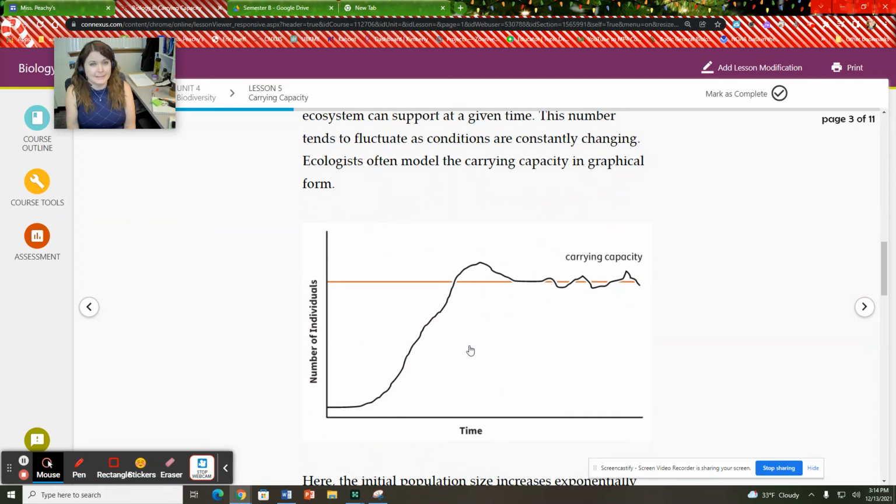Now, carrying capacity of an ecosystem can change as well. It's not a fixed number. It depends upon what's available in the ecosystem. Things such as food and water and shelter and climate have an impact on carrying capacity. So where the climate is such that there's an abundance of food, the carrying capacity might be higher than if the climate changes and there is less food available, then the carrying capacity can go down.